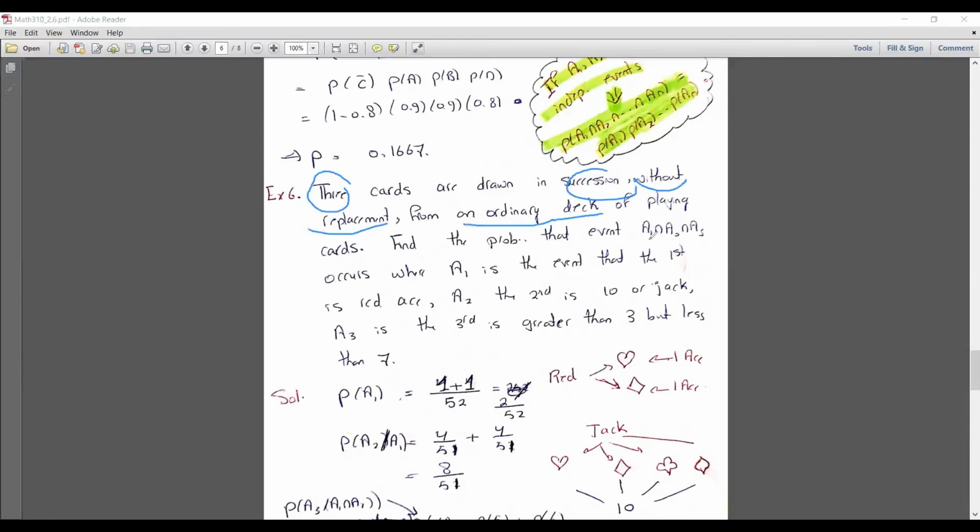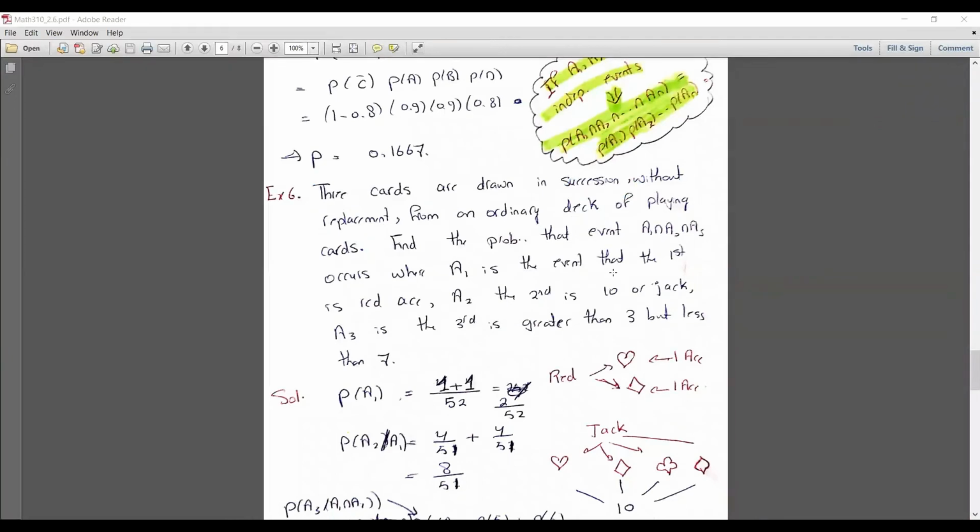We need to find the probability of the event A1 intersection A2 intersection A3, such that A1 is given that the first is a red ace, A2 the second is 10 or jack, A3 the third is greater than 3 but less than 7. So guys, let's find each probability of this event alone. Of A1, what's A1 again, guys?